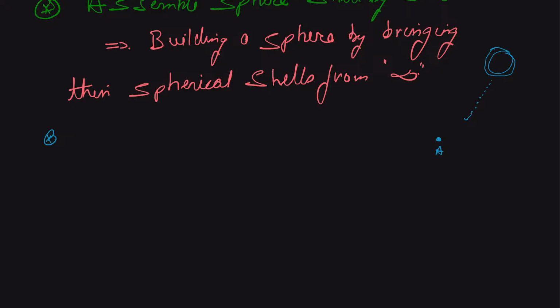After some time, we assume that we have already assembled a sphere of radius small r, and we are going to find out what will be the potential because of this assembled sphere, and then based on this we can easily find our potential energy, or work done.